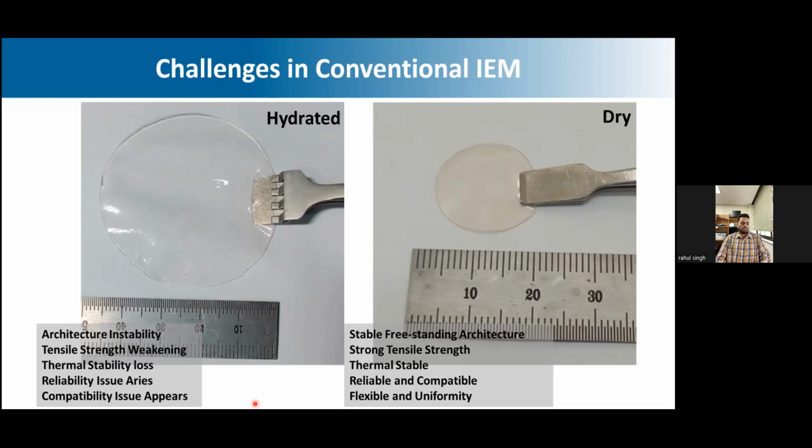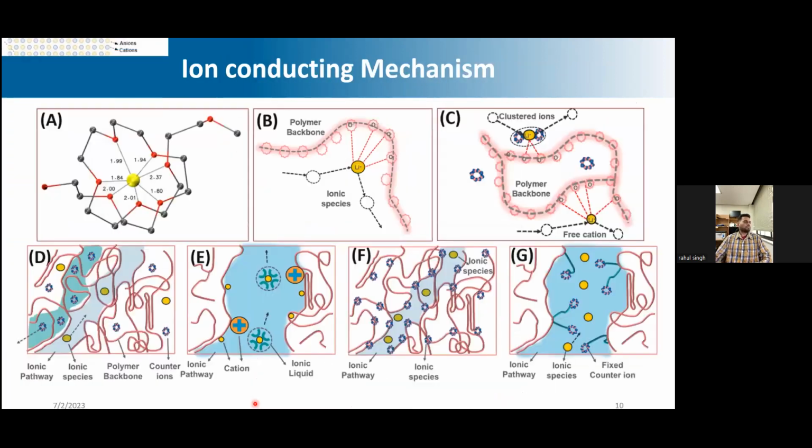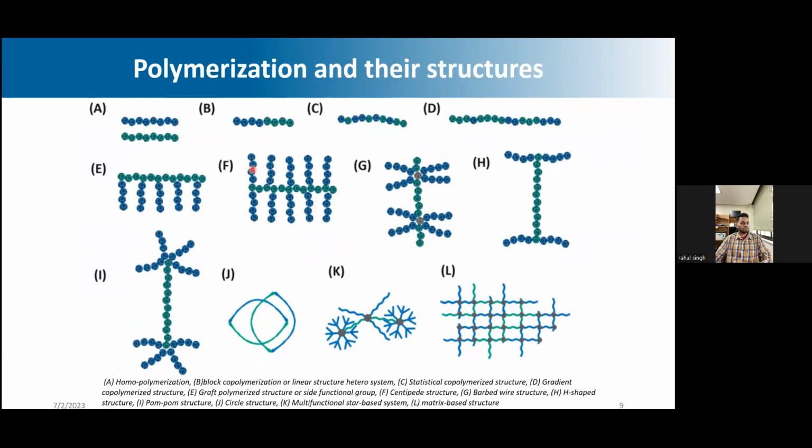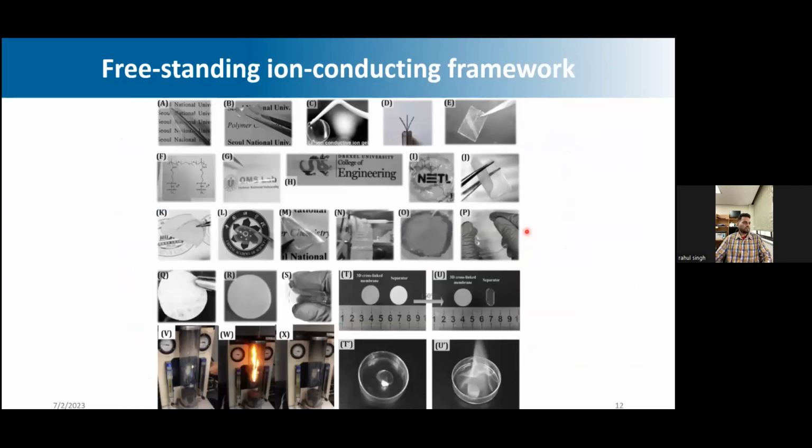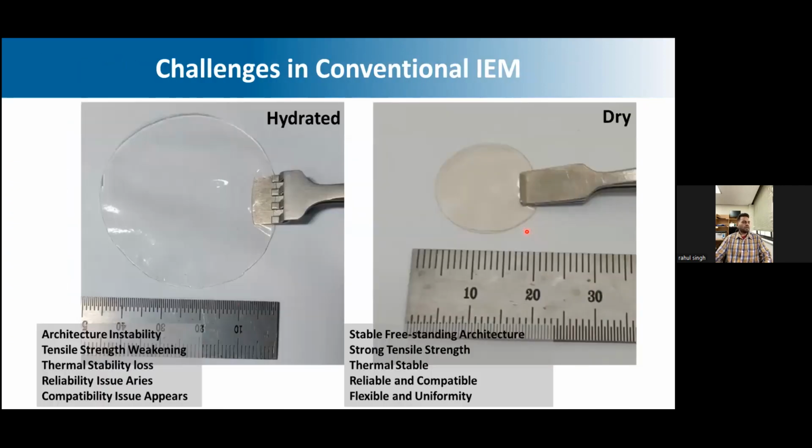To avoid this, we are doing some polymer chemistry to make a stronger membrane. There are other alternative ways also, like in a couple of systems we have introduced some filler to tackle this problem of swelling inside the membrane. I will talk about one system here.